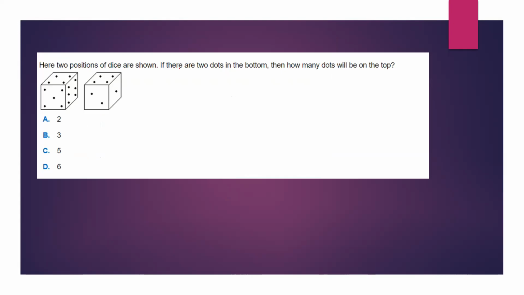2 positions of dice are shown. If there are 2 dots in the bottom, then how many dots will be on the top? That means bottom and top, again they are asking you the same opposite question. So 2, what is adjacent here? 4 and 1. Okay, so here we can say that 4 is adjacent to 5 and 6, and 4 is also adjacent to 2 and 1.